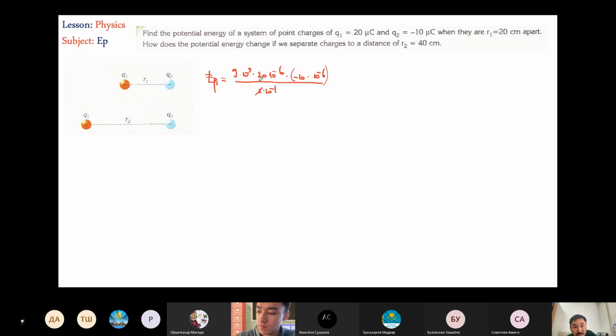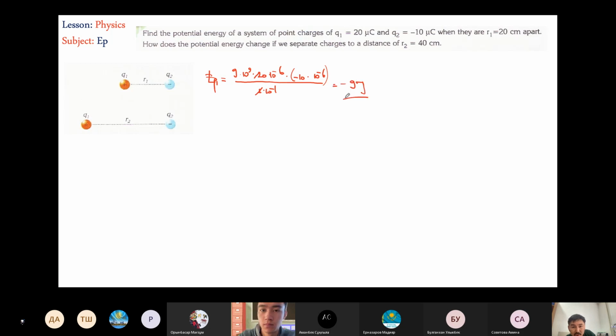So I will simplify the 2 here. This goes upward with the positive sign. Here is 10, 11. Here is another 10, 12. So all the powers cancel each other out. But here I get a minus. Minus, let me write here, minus 9 joules.